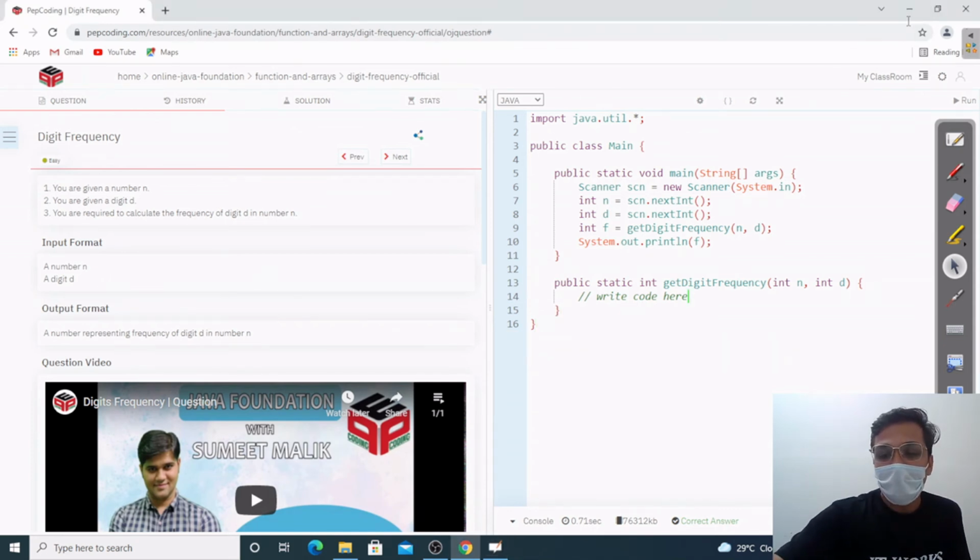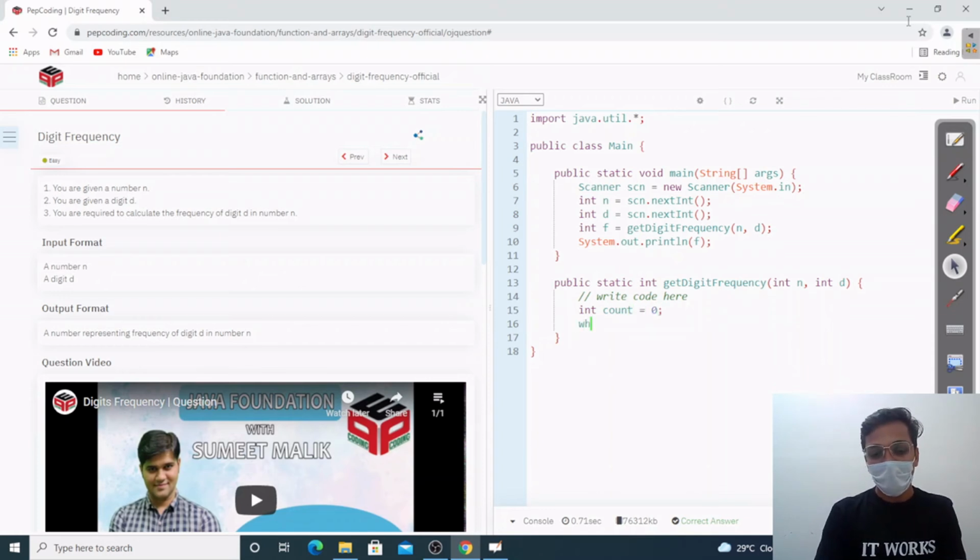Initially, we are given a count initialized to 0, and we have to run a while loop until this number is 0. In the first line, we extract the last digit. The last digit is extracted as n modulus 10.